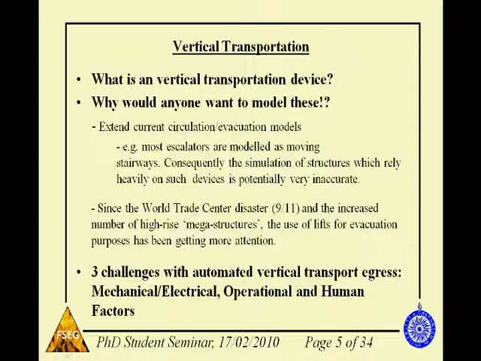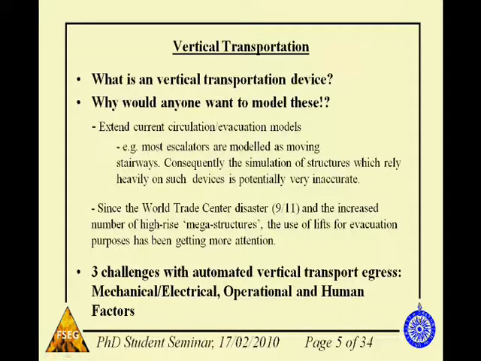These include high-rise buildings, skyscrapers for lifts, and underground or subway stations for escalators. At present, most other evacuation models represent these devices either the same way they represent stairs or as a very simplified flow rate model.